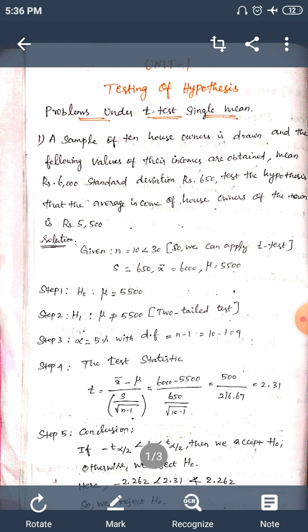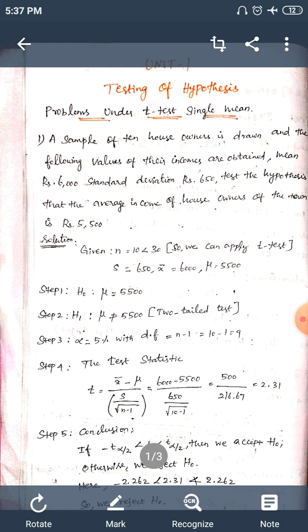Since n equals 10 is less than 30, we can apply the t-test. Here the sample mean x bar is 6,000 and the standard deviation is 650.